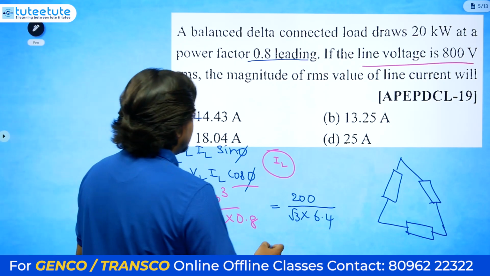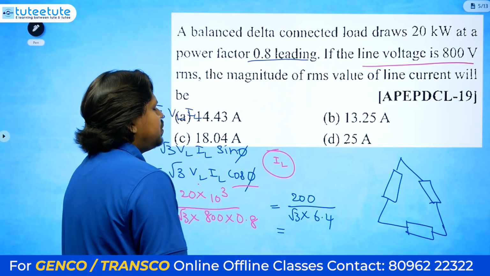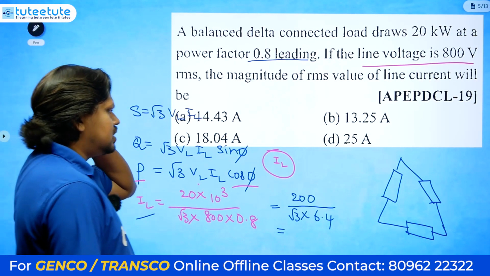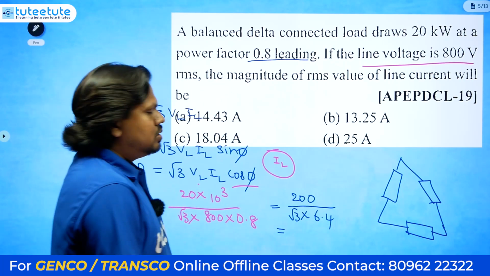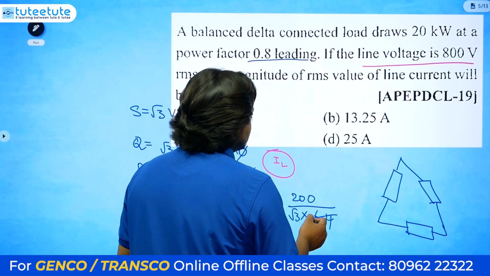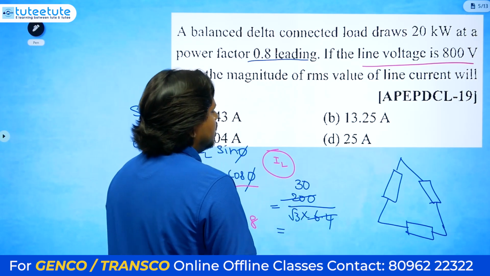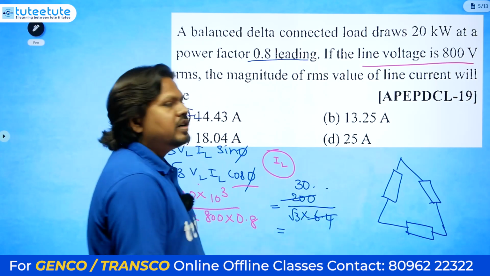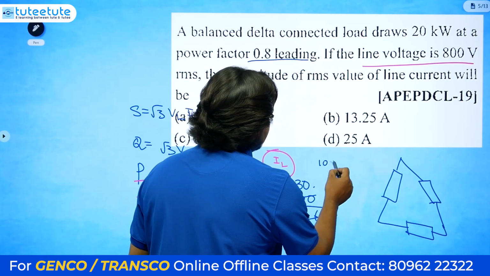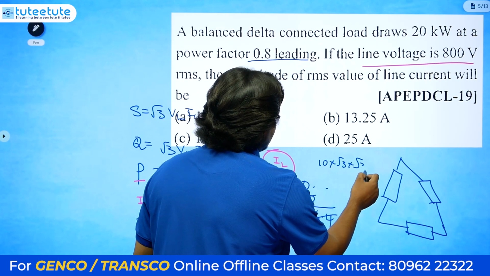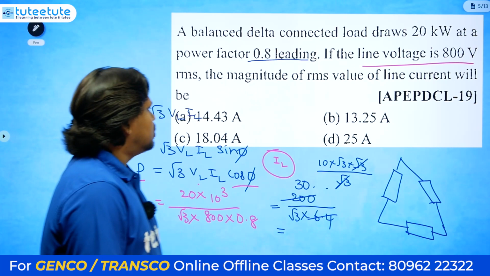The line current IL is 200 divided by root 3 into 6.4. Multiplying 6.4 into 1.732, you will get around 30 point something, divided by root 3. This 30 we can write as 10 into root 3 into root 3. Divided by root 3 we have 10 into root 3. So what is 10 into root 3?